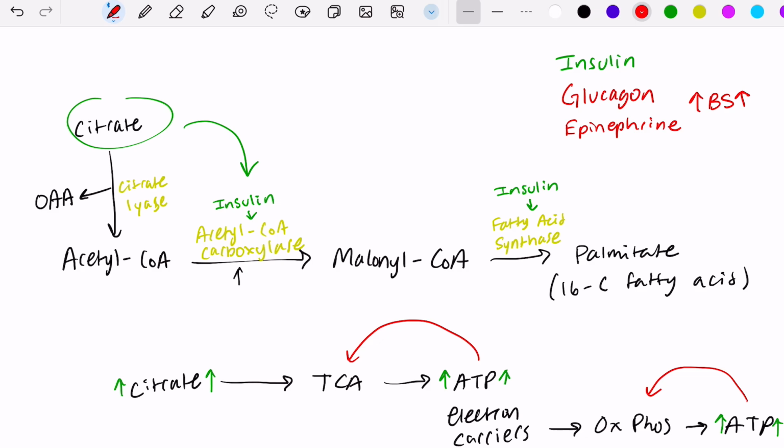So if we want to put sugar back in the blood, that's the opposite of storing energy as big fatty acids for like a long-term storage facility.